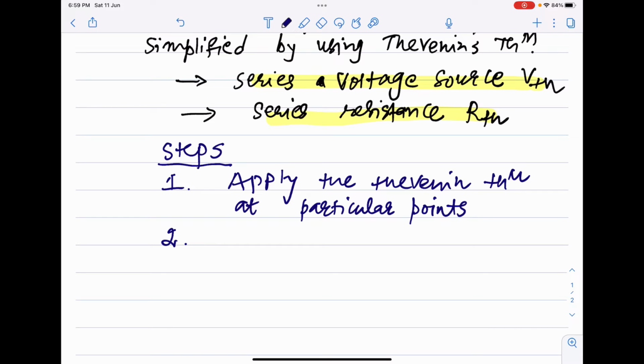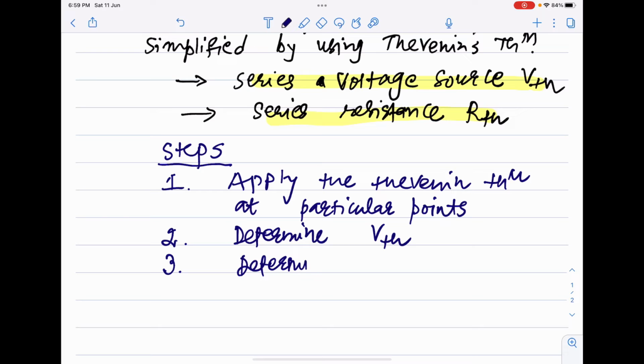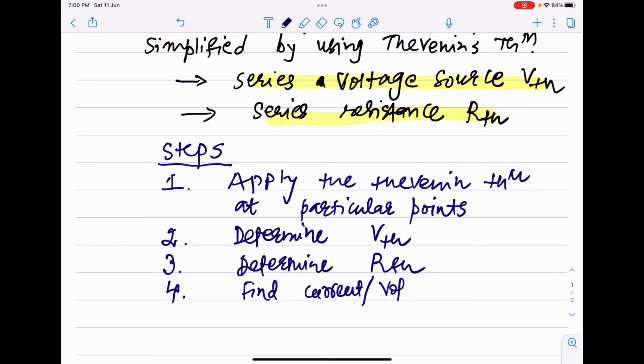Then in the second step, you need to determine the value of the Thevenin voltage source called VTH. In the third step, you need to determine the value of the Thevenin resistance called RTH. And then finally in the fourth step, you can find the value of current or voltage at particular points in the circuit.